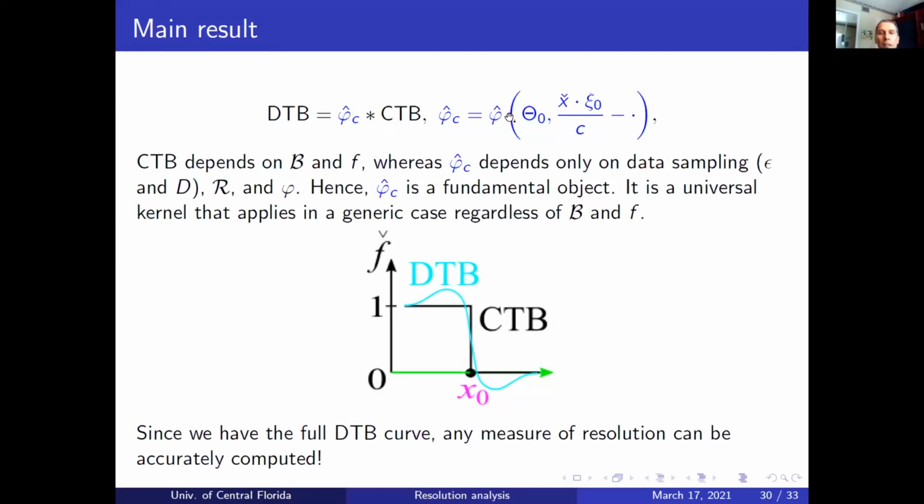This kernel is completely independent of the reconstruction operator beta, of what happens with F. It depends only on data sampling, on the geometry of the Radon transform, and on the kernel phi. That's it. So it's a fundamental object. And this relationship applies in a generic case regardless of what beta and F are. Since you have this discrete transition behavior, since you have this curve, any measure of resolution can be accurately computed.